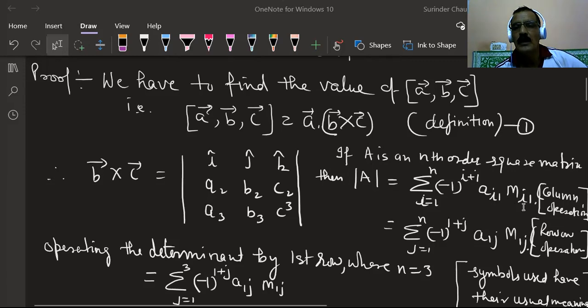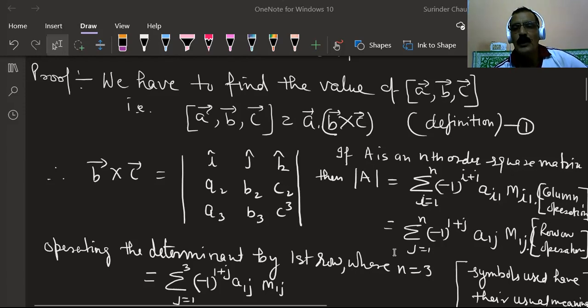MI1 is the minor of the element AI1. What is the minor of any element? Minor of any element is the determinant of the matrix obtained by deleting the row and column containing that element.